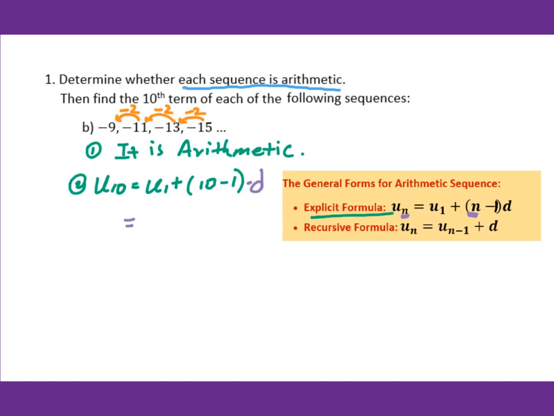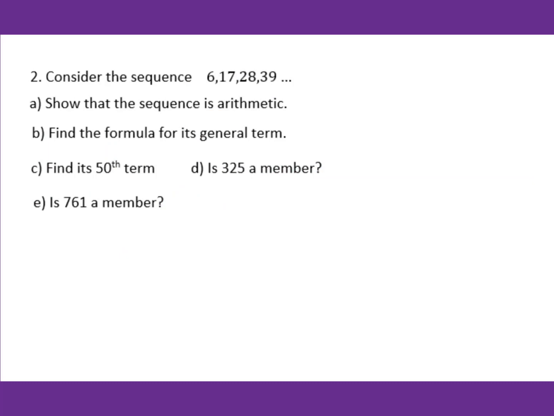U sub 1, that's -9, plus 10 minus 1, d will be -2. We got -27.